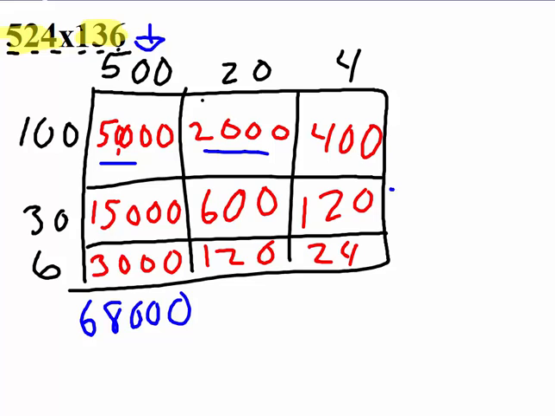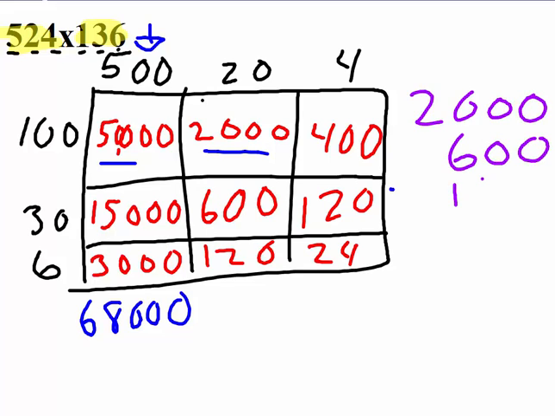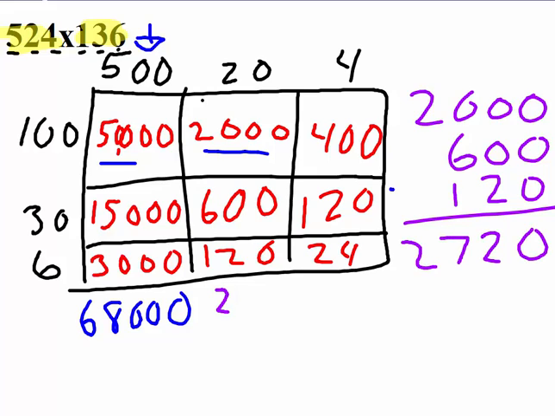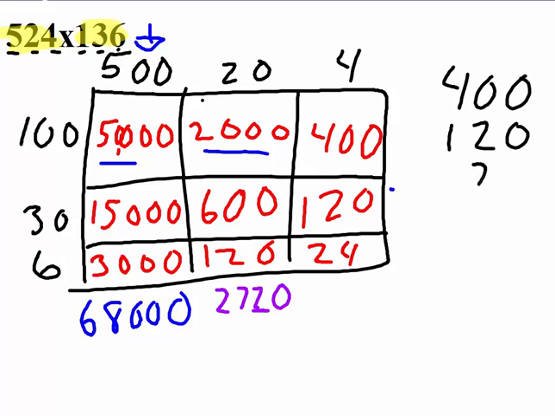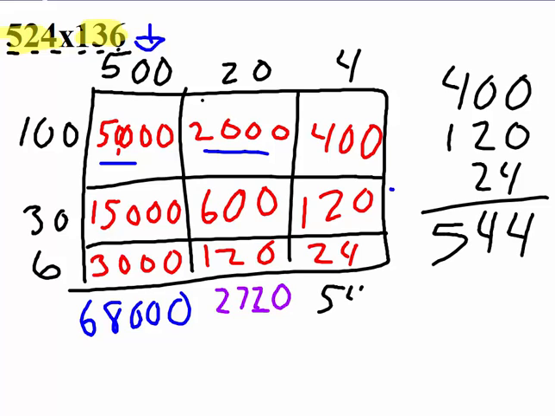Now I'm going to add my next row. So I have 2,000, 600, and 120. Add them up, and I get 2,720. And then I have my very last row. So here I have 400, 120, and 24. 544. So now, what do I do?